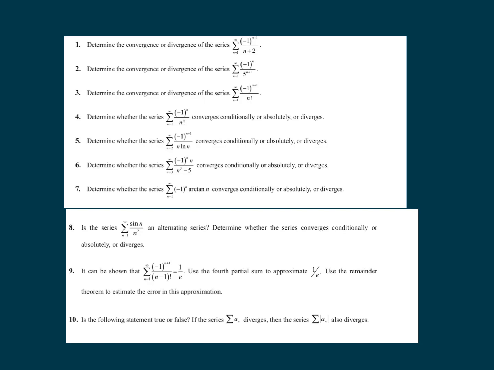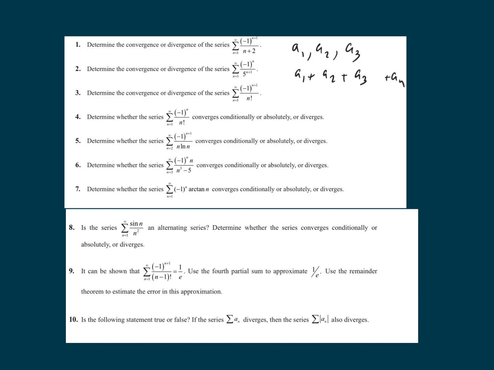Instead of imagining a series of positive numbers, the sequence is A1, A2, A3, and imagine they are all positive. Now the series is A1 plus A2 plus A3 plus A n. So this is a series of positive numbers.